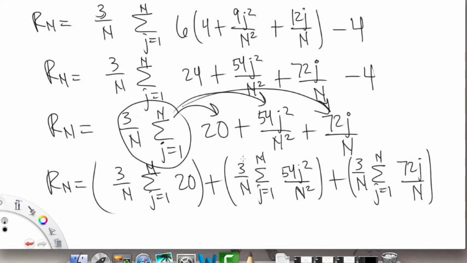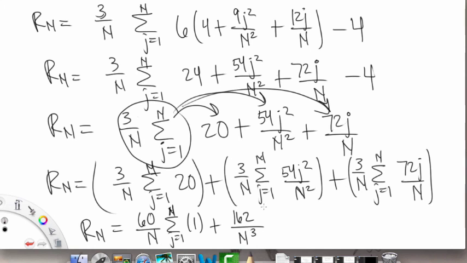Now what we can do is take out any constants. We can factor out any constants from each of these terms here. So what we get is r sub n is equal to 60 over n times the sum from j equals 1 up to n of 1, plus 3 over n times 54, which is now 162, so 162 over n cubed, because we have 3 of those on the bottom now, and then we have our sum from 1 to n of j squared.